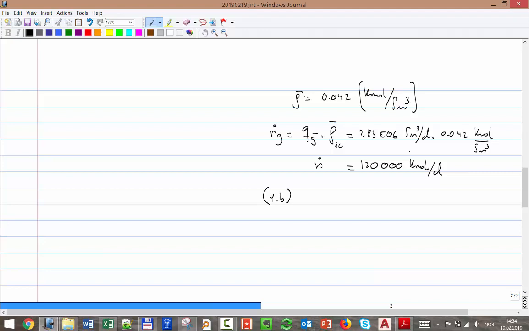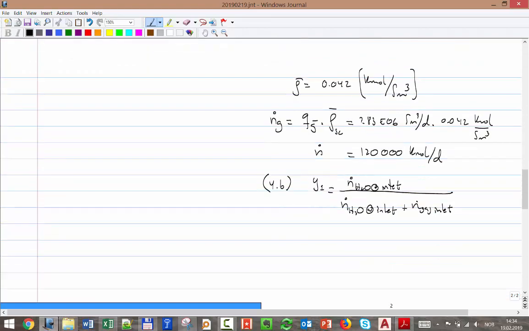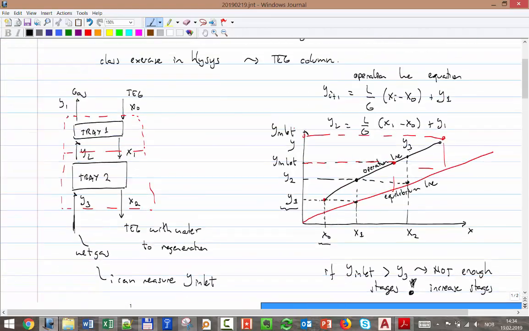We need Y1, and Y1 is the number of moles of H2O at the outlet divided by the number of moles of H2O plus the number of moles of gas. We are talking about the stream coming out of the column.